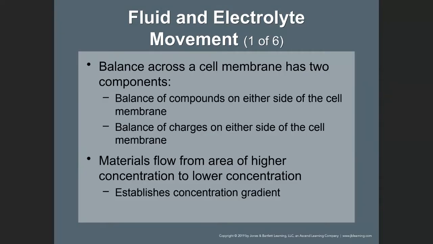All right, I'm back. So there must be a balance of compounds on either side of the cell, and there must be a balance of charges. Materials flow from area of higher concentration to lower concentration, and this establishes what we would call a concentration gradient. And once there is movement from a higher concentration to a lower concentration, that's diffusion.